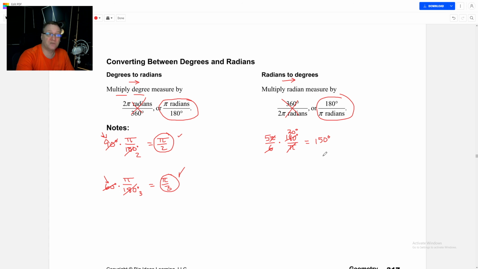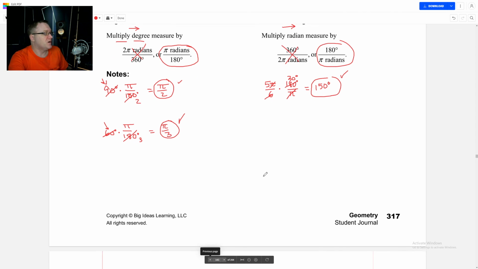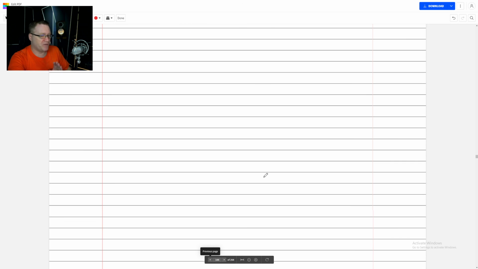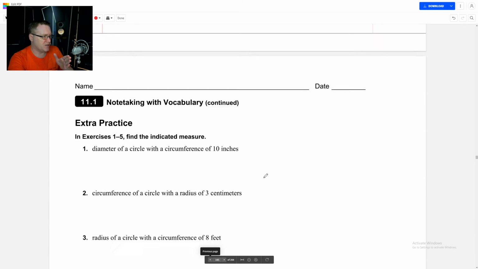And we're done. That's the answer. 5 pi over 6 radians equals 150 degrees. Simple.